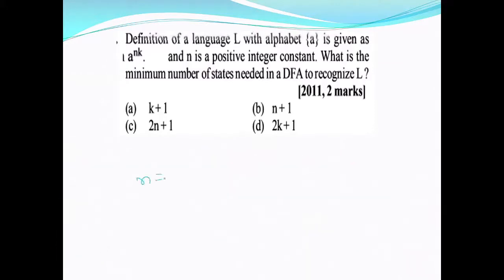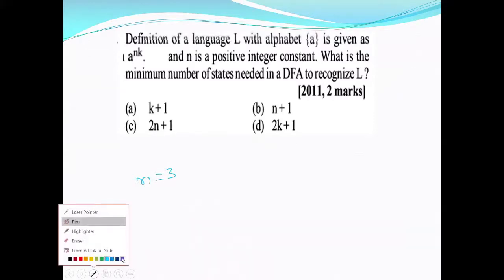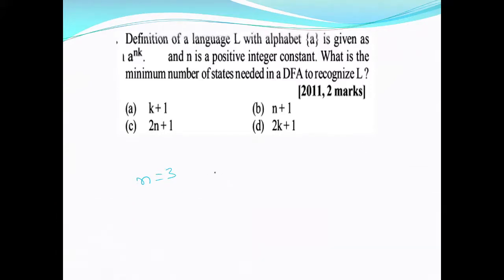So when n equal to 3, let me change, when n equal to 3, 1 A, 2 A's, 3 A's, right? 3 A's.